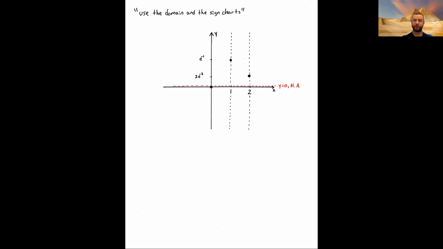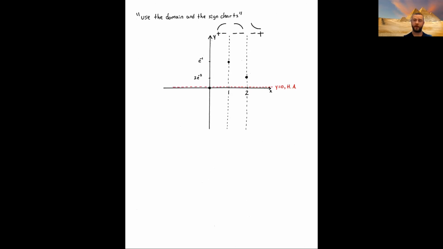On each of these 3 intervals, we check the dual sign combination for first and second derivative. And what you should find is you get these 3 sign combinations: plus minus, minus minus, and minus plus.